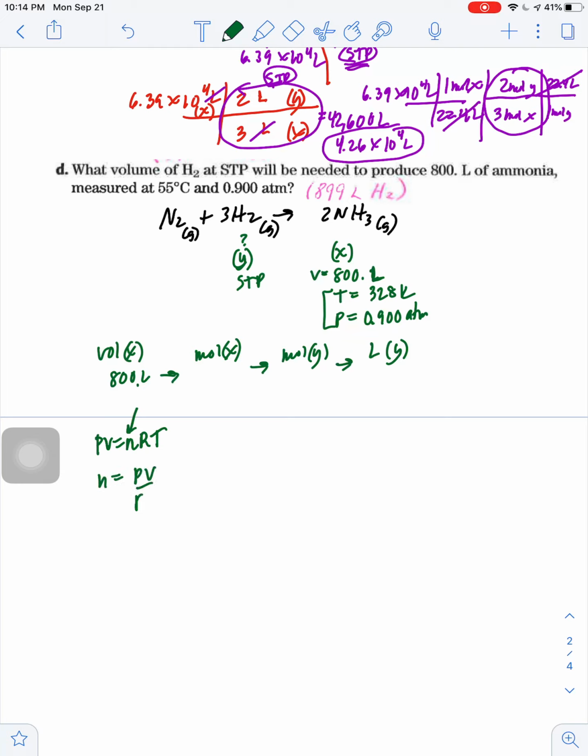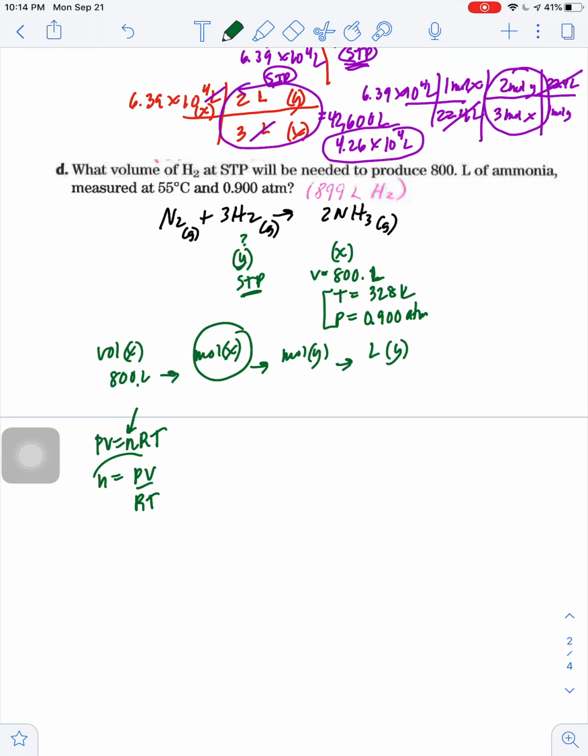So moles would be equal to PV over RT. And once we knew moles of X, we would jump back into using the mole ratio to jump over to moles of Y. And then because we're at STP at the end, we can use 22.4 to get right here. You can use 22.4 in that spot. You just can't use it at the beginning.